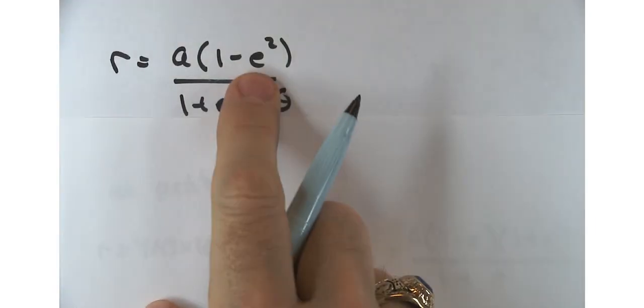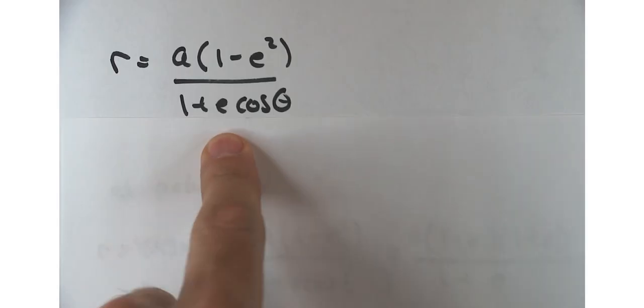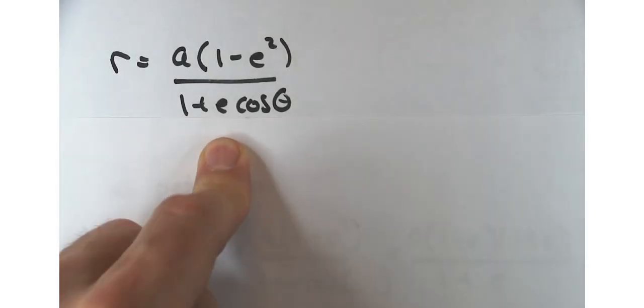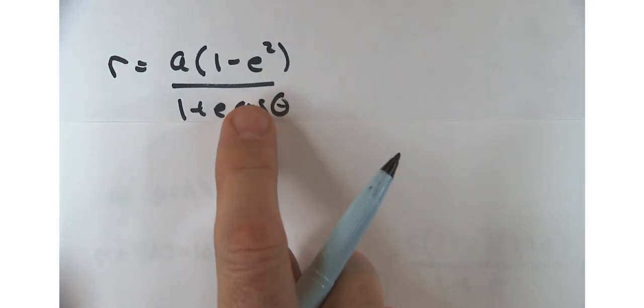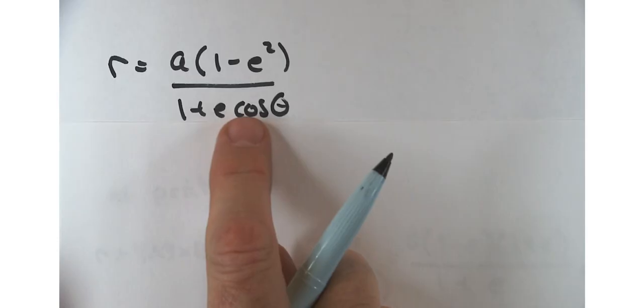So this is the form of the orbit for the planets: a times 1 minus e squared over 1 plus e cosine of theta. I want us to think about a couple things here. What's going to make this quotient the biggest? This is going to be the biggest when the denominator is the smallest, right?